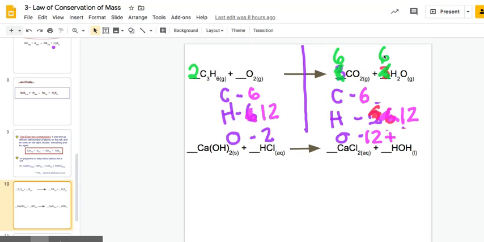And my other oxygen is 6. So now I have a nice 18, and which means 2 times what gives me 18, which is a 9. These are often the trickiest questions you will end up getting. Okay, so let's try the bottom one.